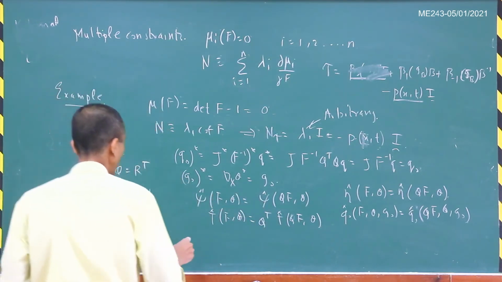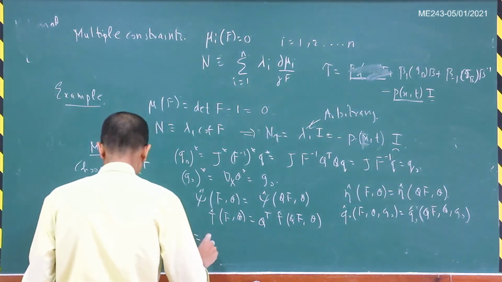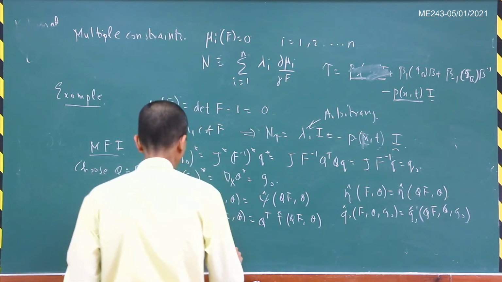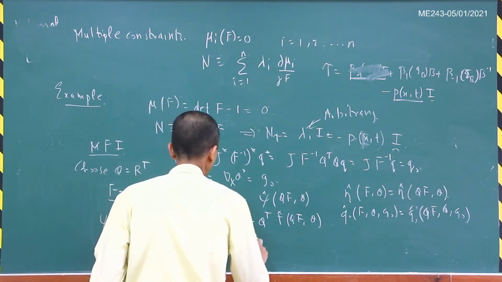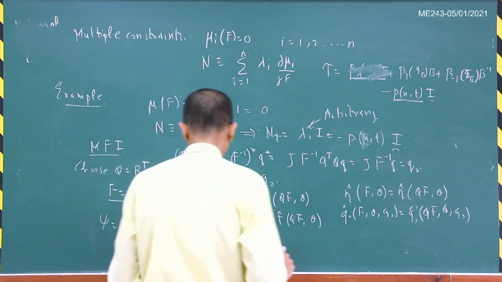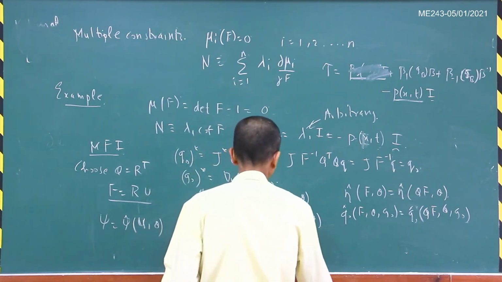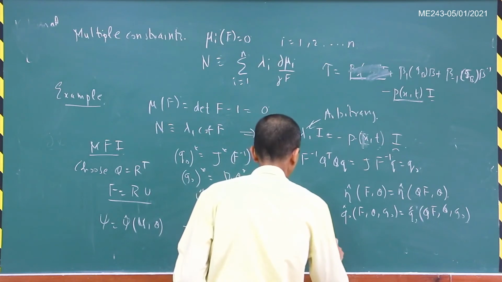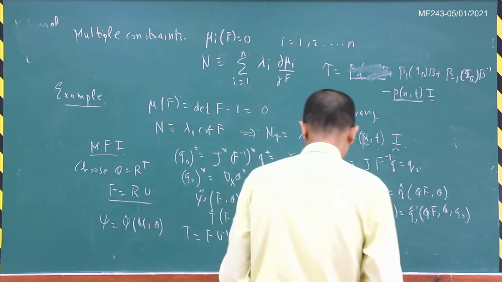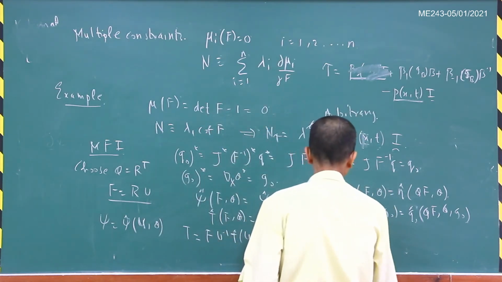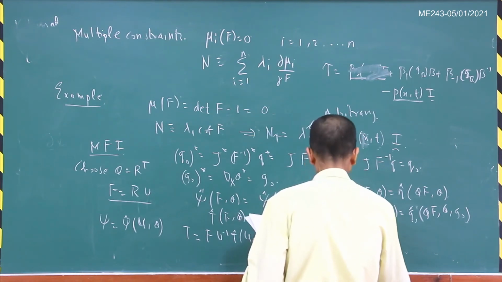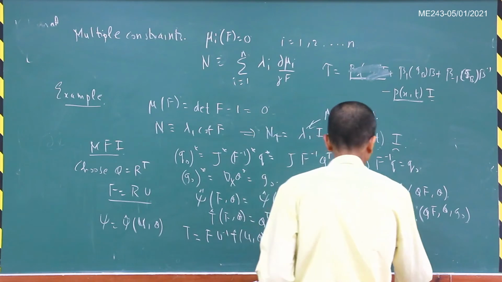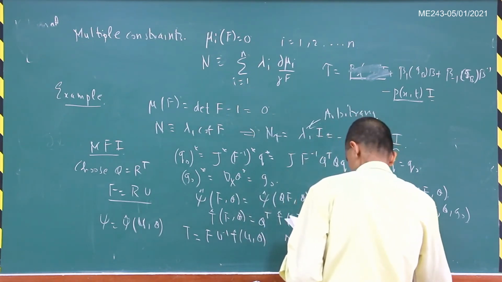And similarly you will get T is equal to F times U inverse times T hat of U, theta, and eta is equal to eta hat of U comma theta, and q naught is equal to q hat naught of U comma theta comma g.